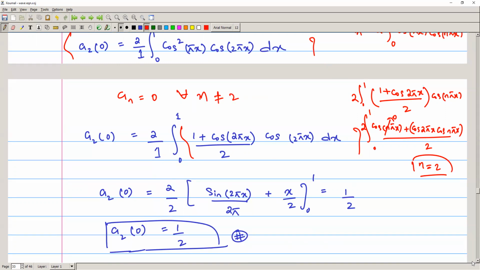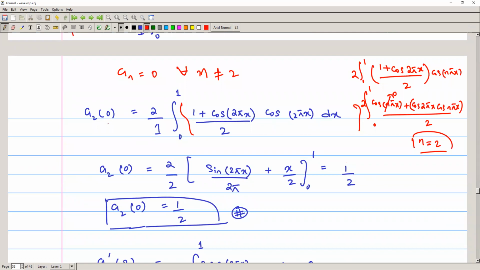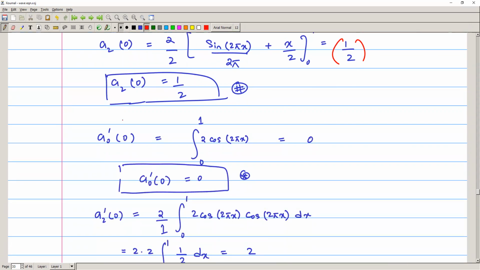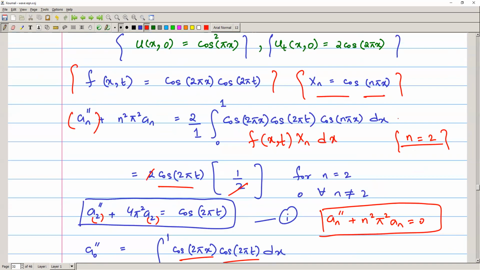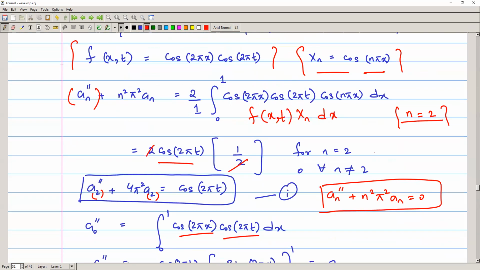All right, so this is the value of a2 of 0. To integrate this function, we will get again 1 over 2. So a2 of 0 is 1 over 2. Now we will find a naught prime. So ut of x comma 0 is given as 2 cosine 2 pi x.